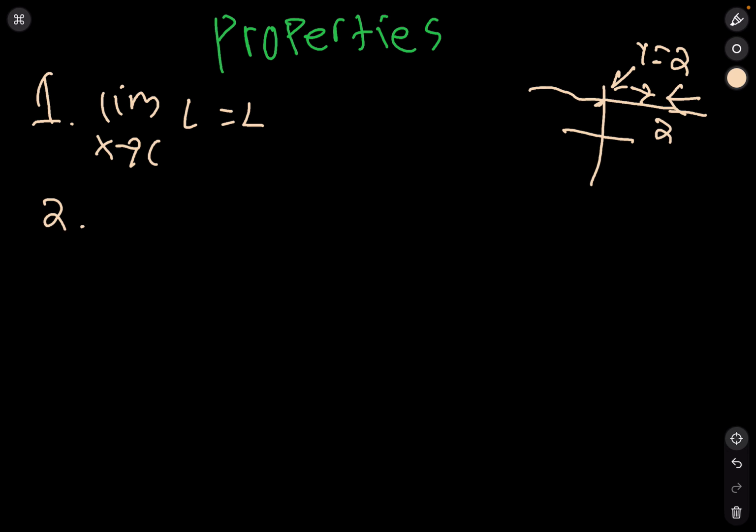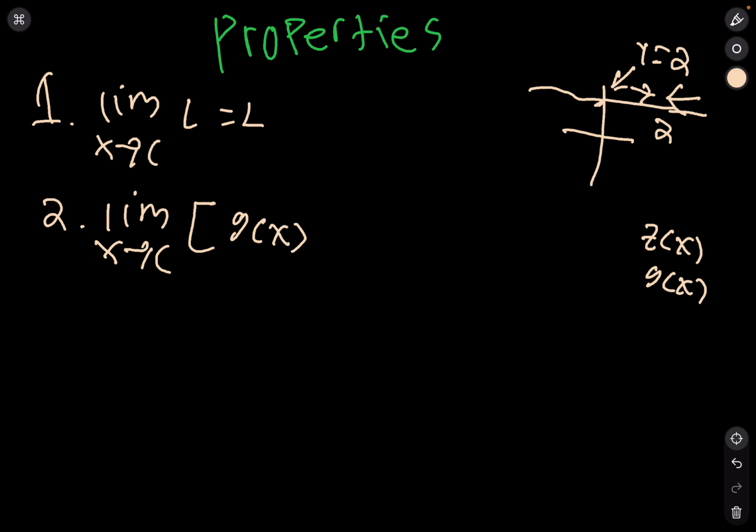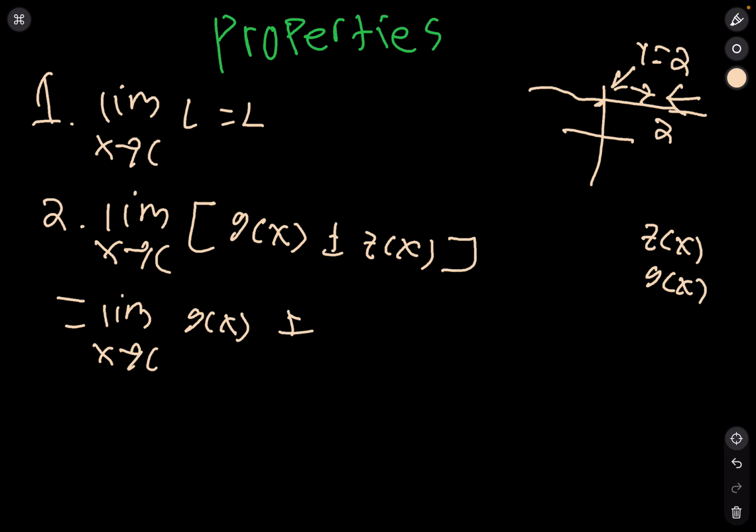Second, the limit as x approaches c, and let's say we had z of x and g of x, plus or minus z of x, is always equal to the limit as x approaches c of g of x, plus or minus the limit as x approaches c of z of x.